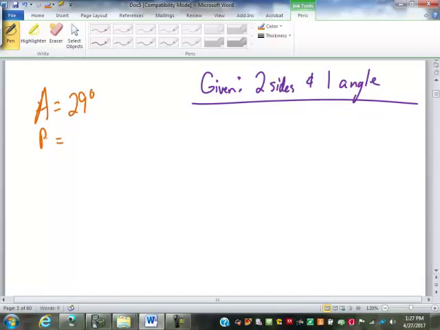We are not given angles B and C. I tell you that side A is 18 feet. Side B is 43 feet, and we're not given side C.